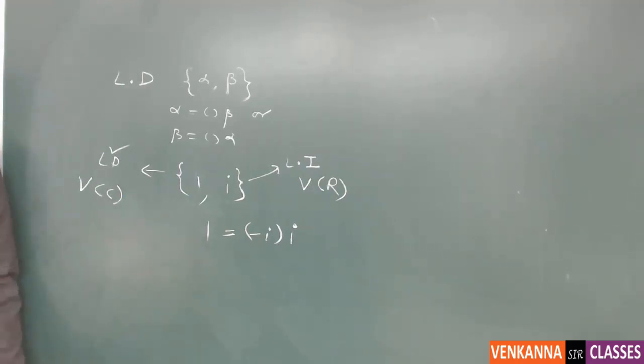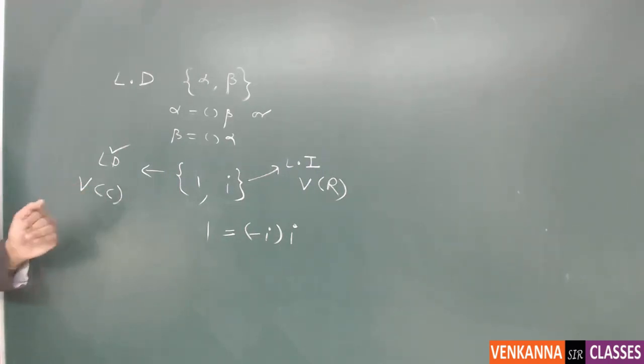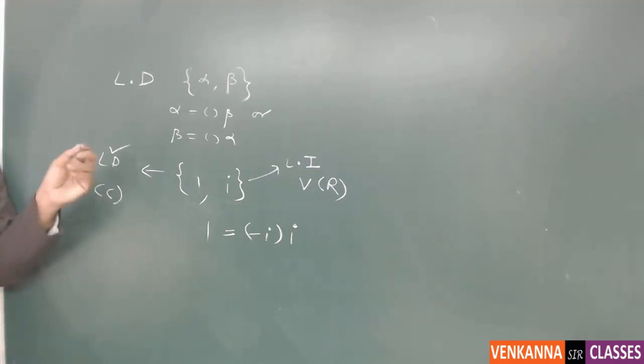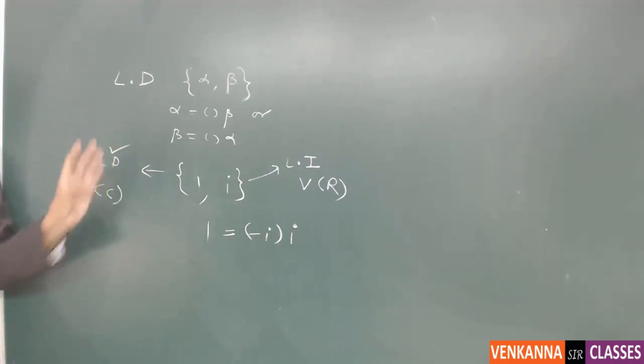Are you clear with this example? Right. Now, after this, let us take one or two small problems on linear dependence and independence. Before that, I just want to give some results which are useful while proving a good number of problems.